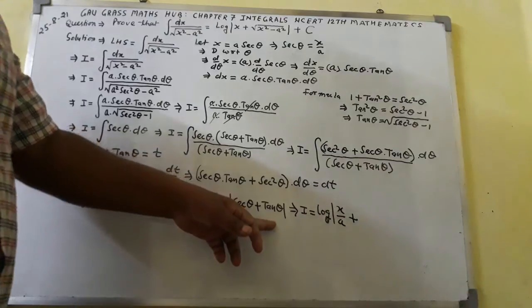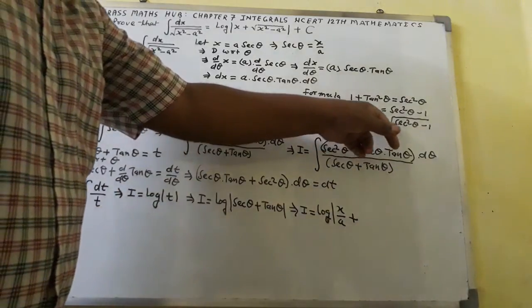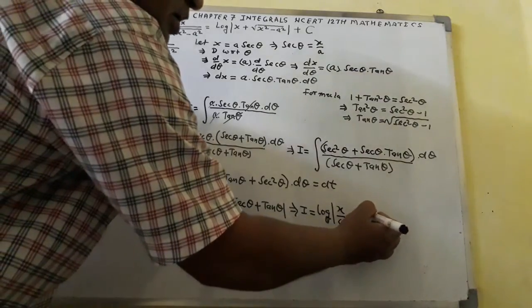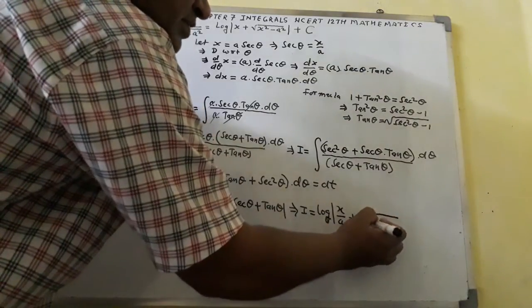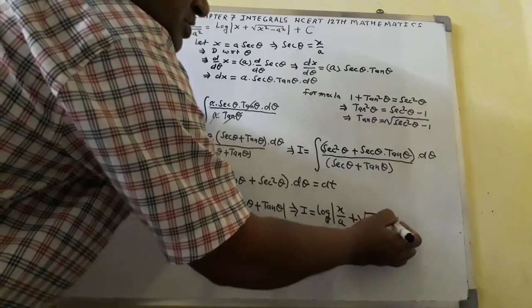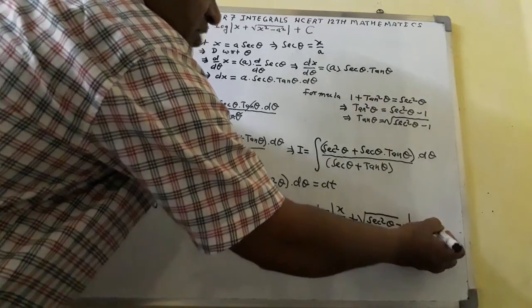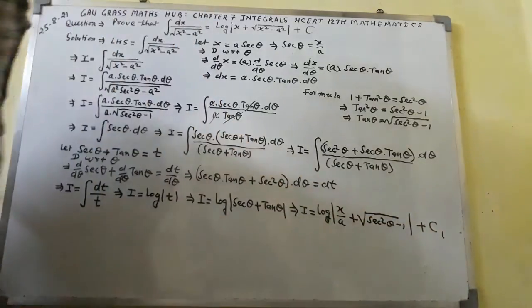Tan theta is equal to, I shall write under root sec square theta minus 1. So here write under root sec square theta minus 1 mod plus c, you can write c1.